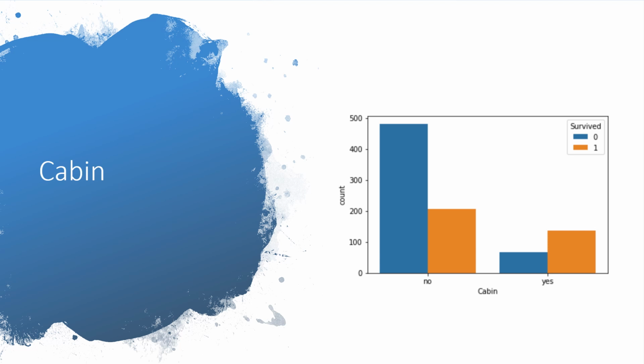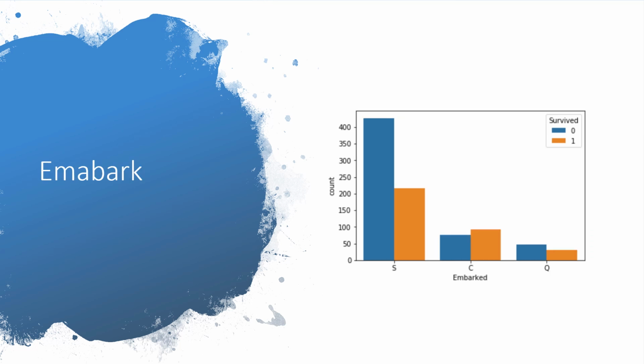For the yes section, we can see those people have a much higher survival rate than the non-survival one. And embarked means the port the people boarded from. We can see there are different ports with different rates, but we don't know how these impact survivability.